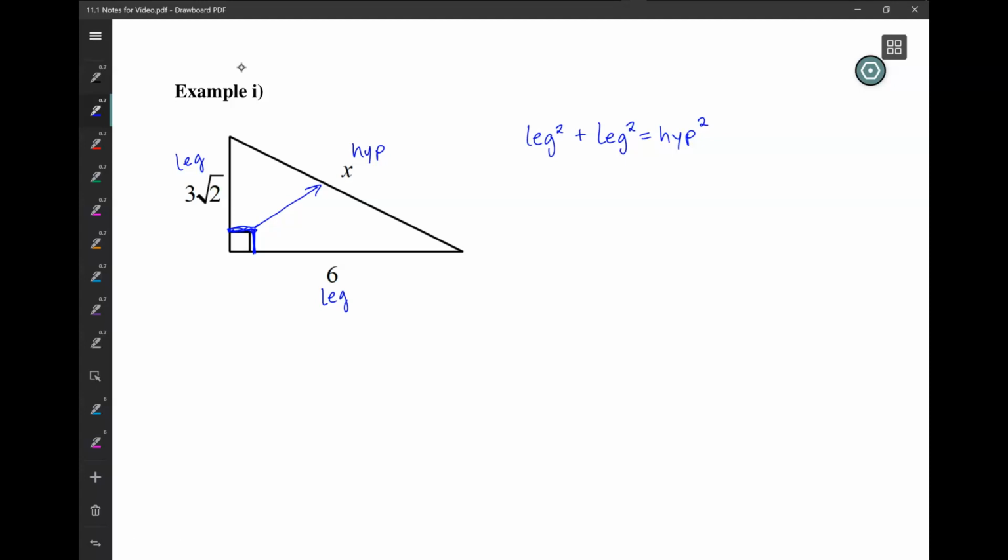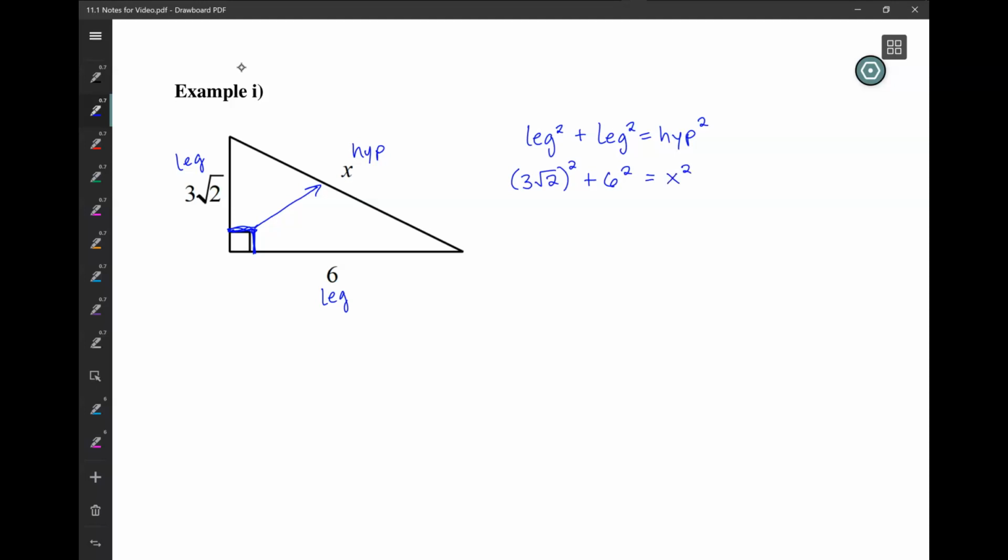It is very important when you have something like 3 square roots of 2 squared that you put it in parentheses. If you leave off the parentheses, you're going to get the wrong answer. So we have (3 square roots of 2) squared plus 6 squared equals x squared.